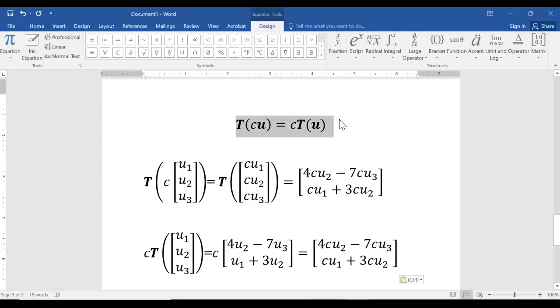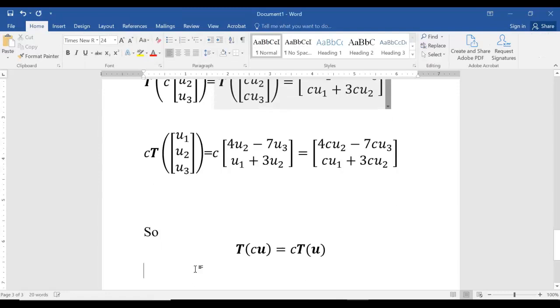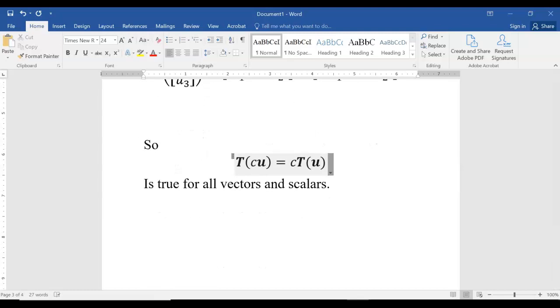So this equation holds true for all vectors and scalars. Right? And because both equations hold true for all vectors and all scalars, that means T is a linear transformation.